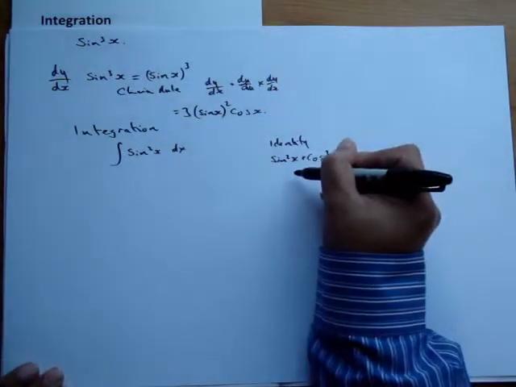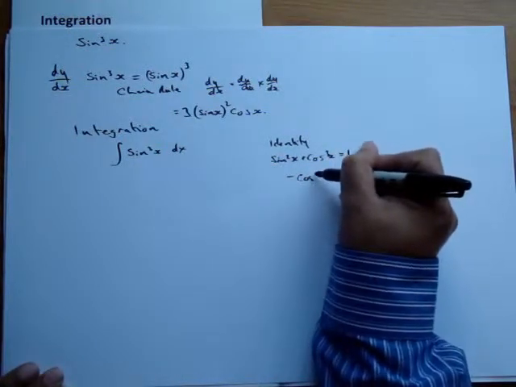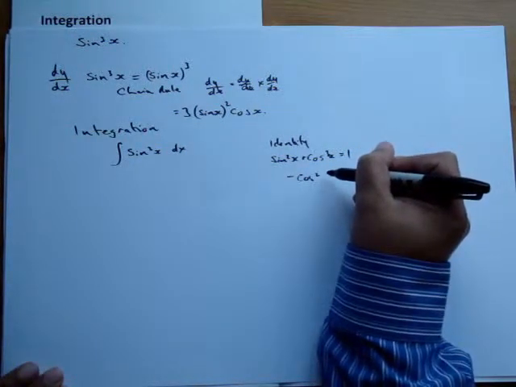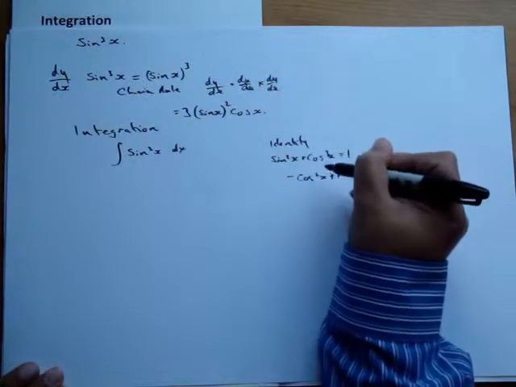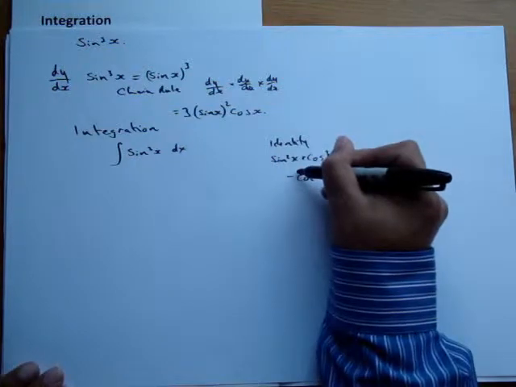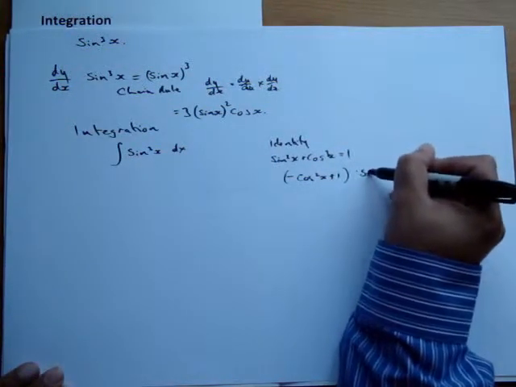From this we get sine squared x equals minus cos squared x plus 1, times sine x.